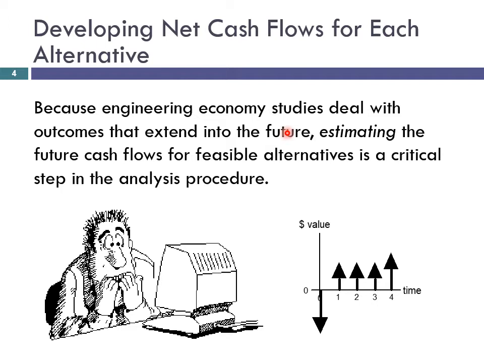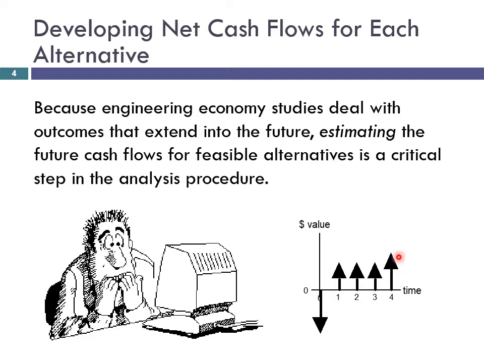The idea is, yes, we don't know what will happen exactly, but we may forecast, we may estimate what will happen. For this reason, estimating the future cash flows for feasible alternatives is very critical.